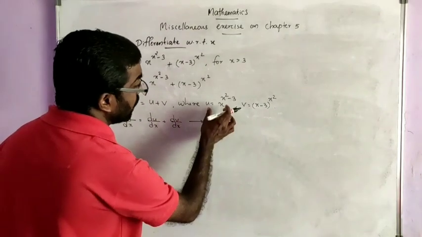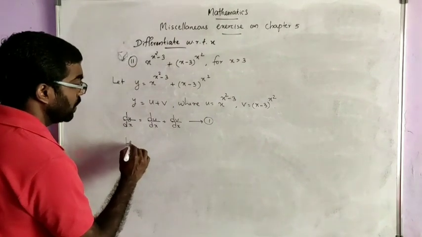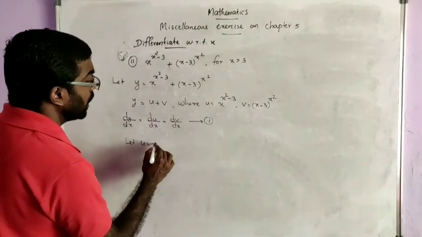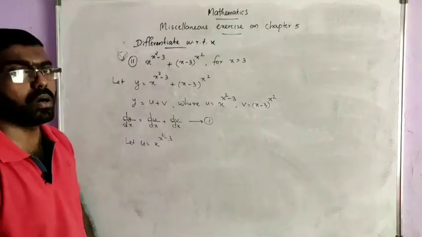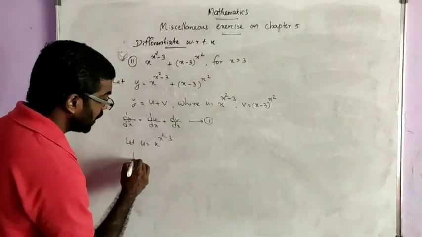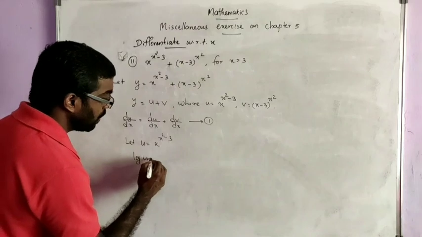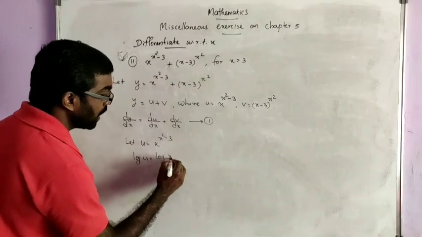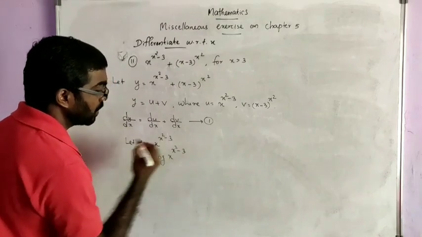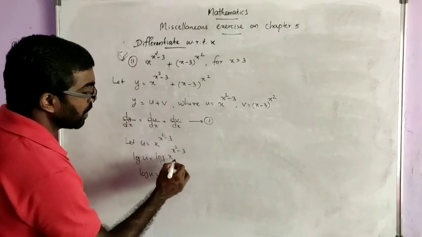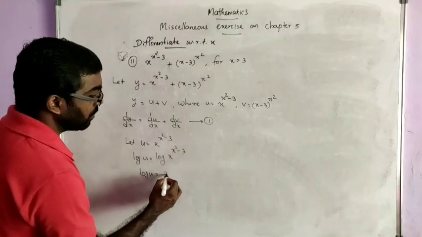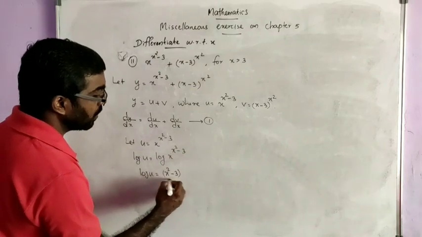Now we can take the first term, that is u. Let u is equal to x raised to x square minus 3. And we can apply logarithmic differentiation. So taking log on both sides, log u is equal to log x raised to x square minus 3. That is log u is equal to, you can use the power rule, log a raised to b is b log a, x square minus 3 into log x.